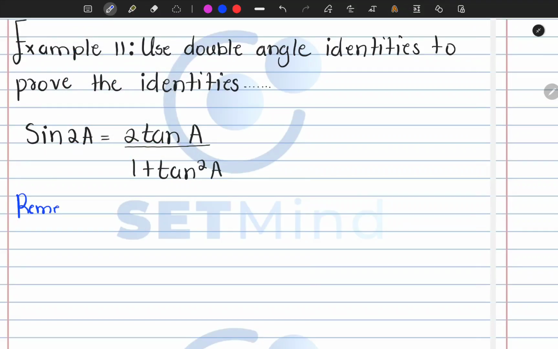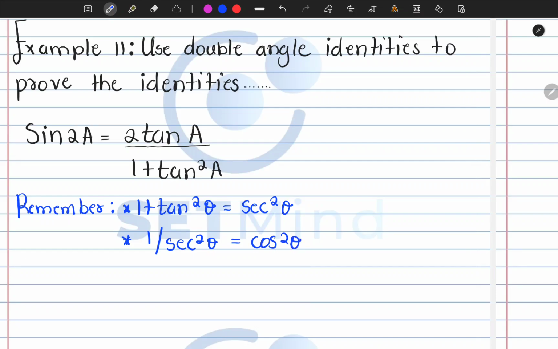Something which is important, which I need us to remember as we go about answering this question, is that 1 plus tan squared theta is always equal to sec squared theta. And one important thing also that we need to remember is that 1 divided by sec squared theta just becomes cos squared theta.